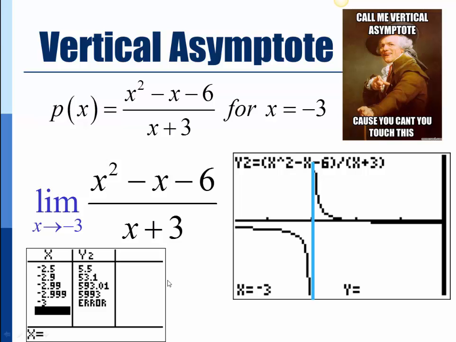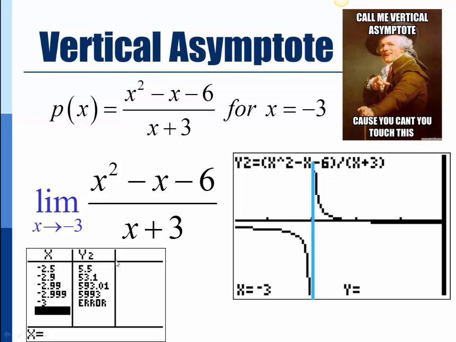Okay, so how can we see this numerically? What I'm doing here is I plugged the function into the calculator. I'm using my table feature, and then I just started plugging in x values. As you can see, these are x values that are getting closer and closer to -3. At -3, the calculator gives me the error message, which is good because it's supposed to be an error there because of the 0 in the denominator.